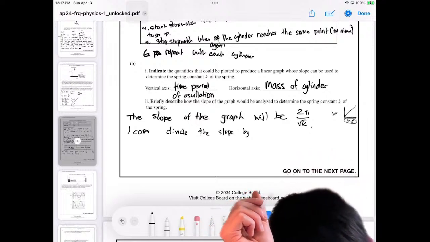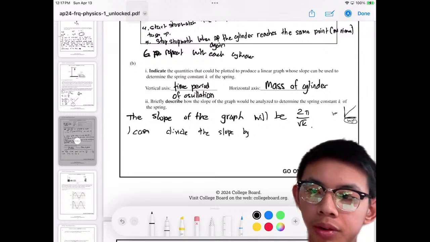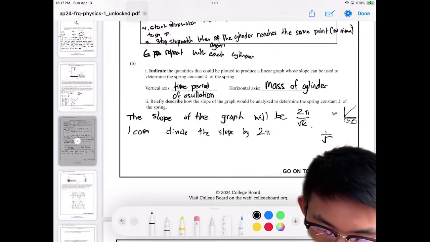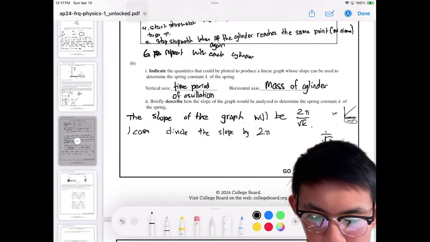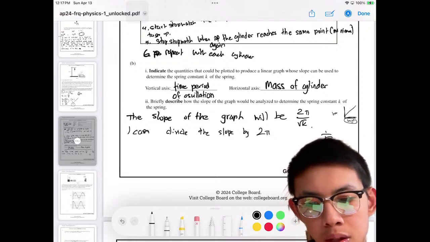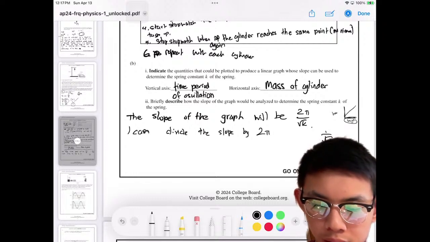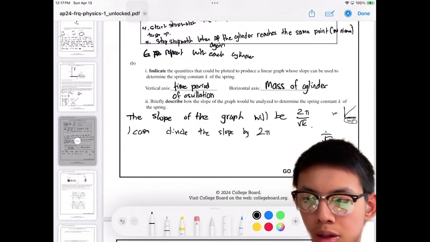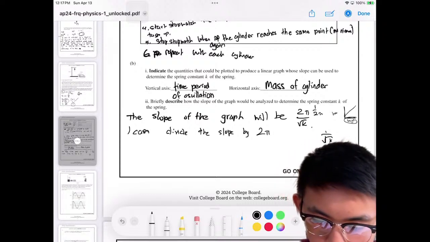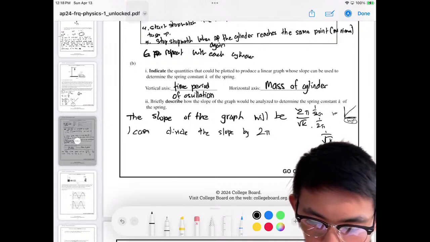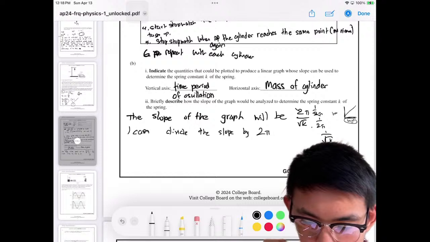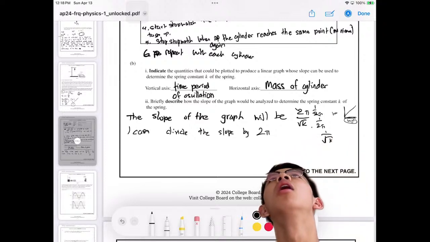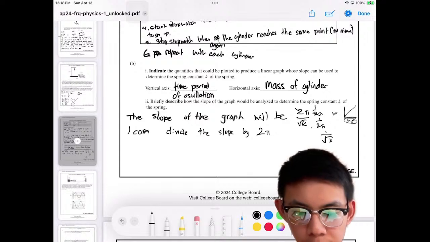How am I going to get this into K? Wait, if it was like 2K, all I have to do is divide by 2, right?